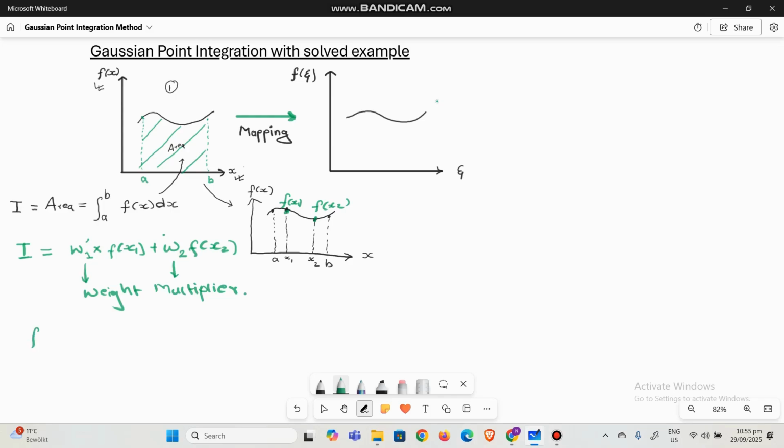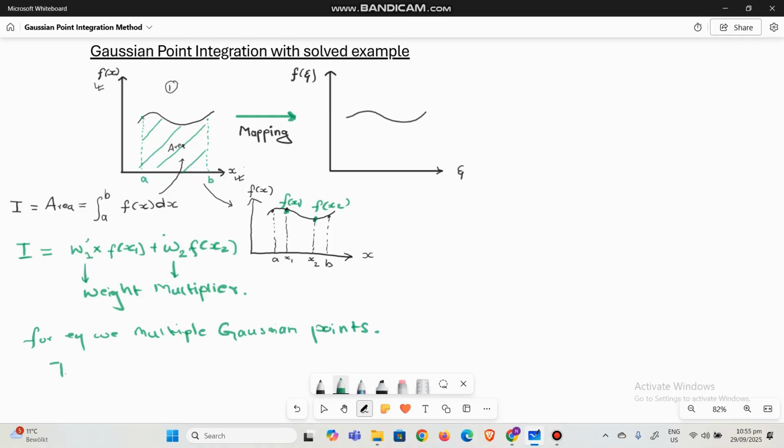But for example, we have multiple Gaussian points. Then what would the formula be?